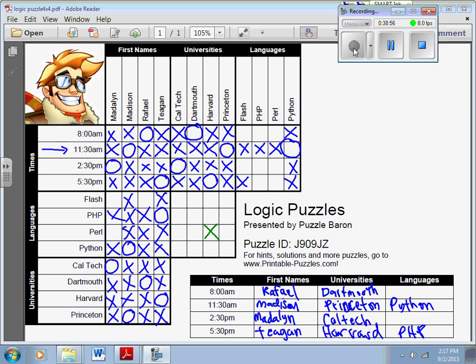Madeline was either Flash or Perl, but it says Raphael was either Flash or PHP, and PHP is taken. So since PHP is taken for Raphael, the only thing left is Flash, which means Madeline did the Perl program. So Madeline did Perl, and Raphael did Flash.